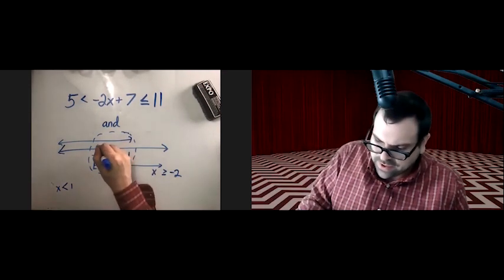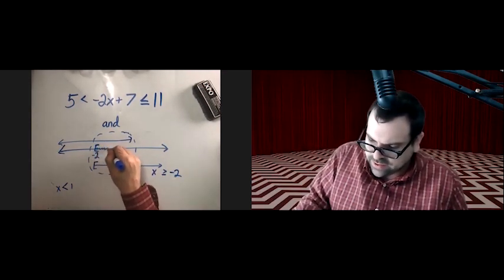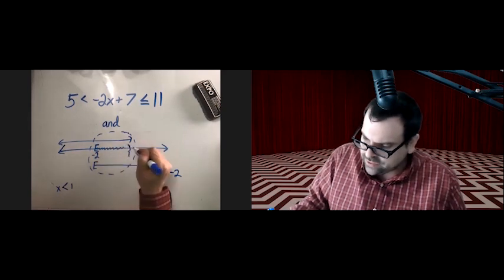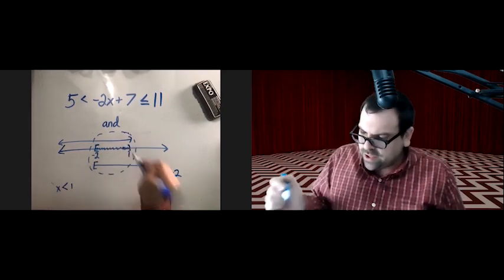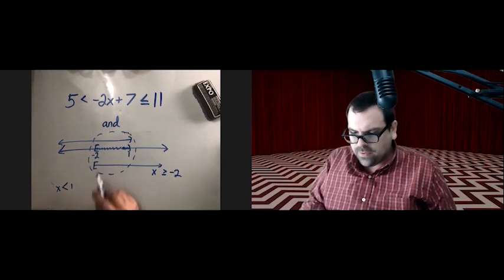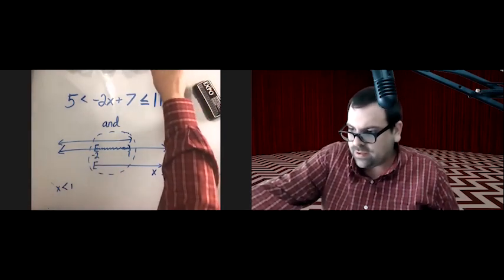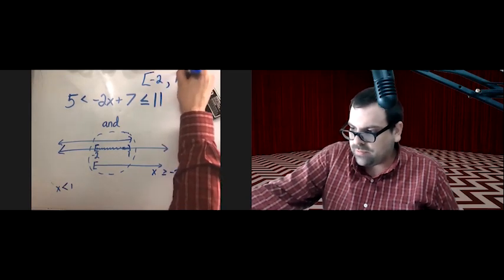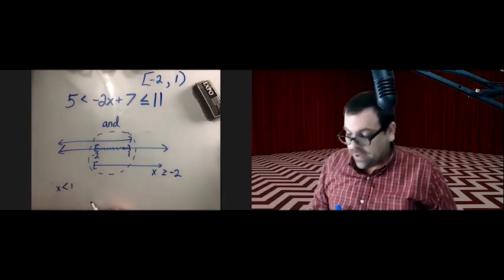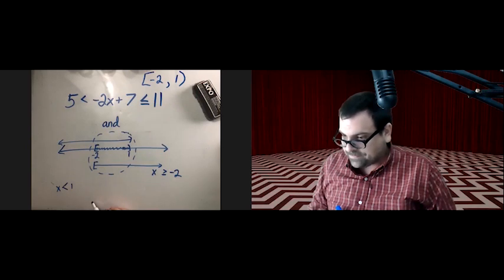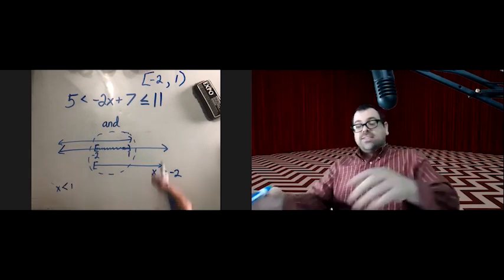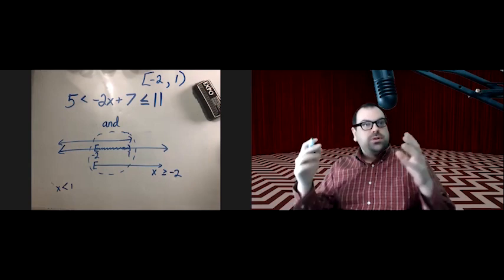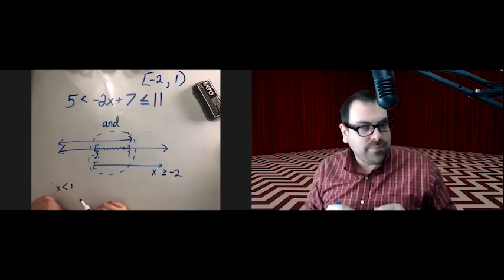Our answer would be between negative 2 and 1 with a square bracket on the -2 and a parenthesis on the 1. That's the long way, splitting it up into 2, dealing with the and statement.